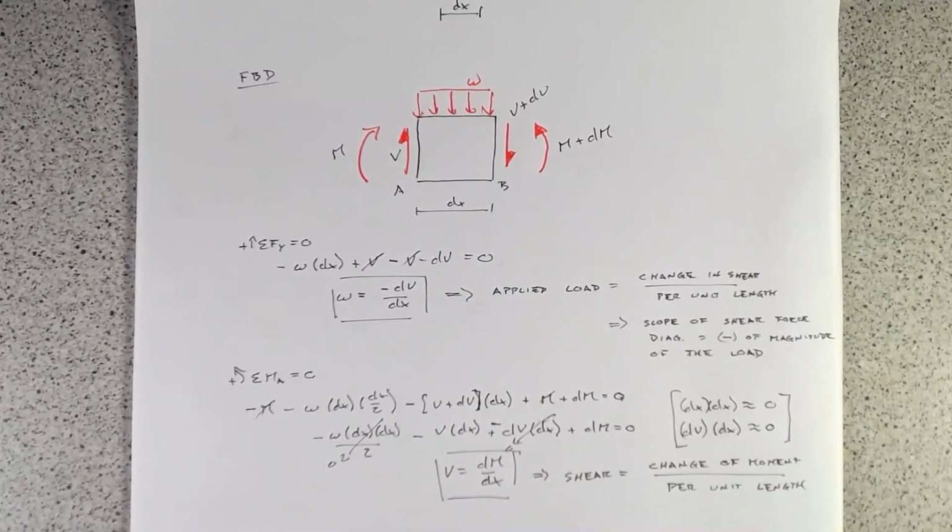It's these relationships here which not only will help us draw these shear and bending moment diagrams, but also, as we progress through this class, will give some insight into our ability to solve some of these problems and understand the derivations of these mechanics properties. So we'll just do some rules for relationships.